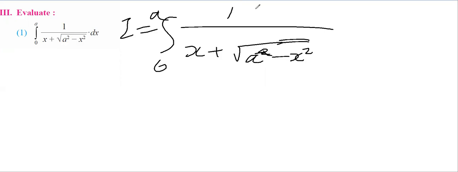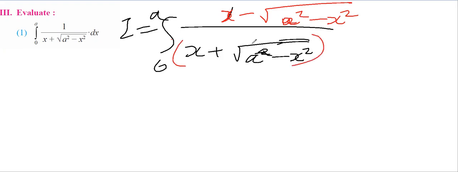Multiply by its conjugate, which will be x minus root of a square minus x square. So here also I am going to multiply by x minus square root of a square minus x square. Here it will be x square, here it will be minus, and this root will vanish.